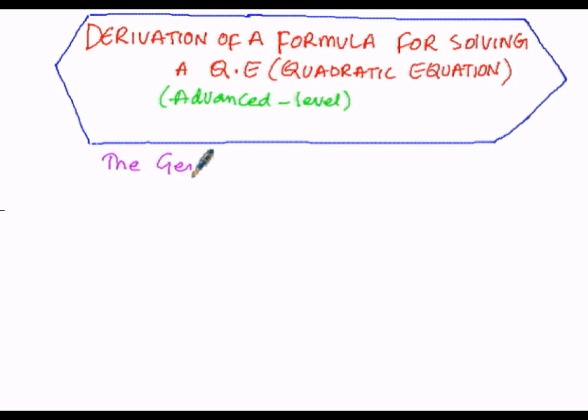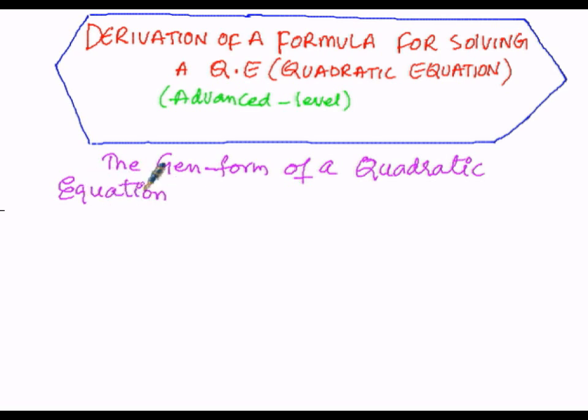The general form of a quadratic equation is ax square plus bx plus c is equals to 0, in which a is the coefficient of x square, b is the coefficient of x, and c is the real constant, whereas b and c are the real constants.